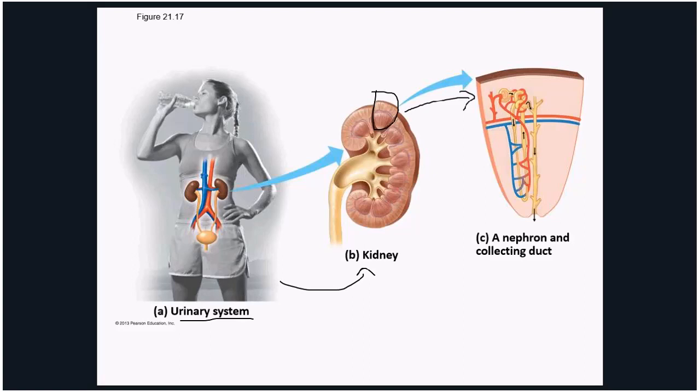In the past, we've talked about functional units like the alveoli being the functional unit of your respiratory tract. Well, the nephron is where all of the hard work happens for your urinary system in your kidneys. In this picture it looks huge, but literally there are millions and millions of these tiny little nephrons throughout your kidney, filtering and regulating your blood all the time.